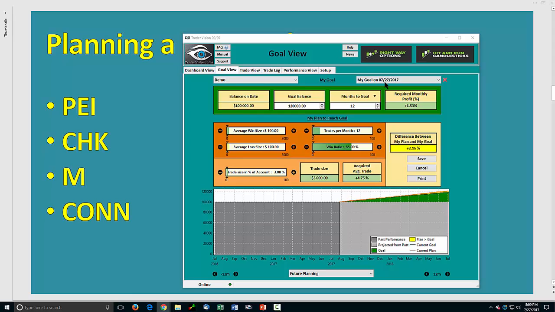So for those of you who didn't catch what I was doing earlier, I'm just using a demo account here with a $100,000 balance, $120,000 goal. That's a 20% gain over a year. That's 1.5% per month, 1.53%. And then I played with the variables here.